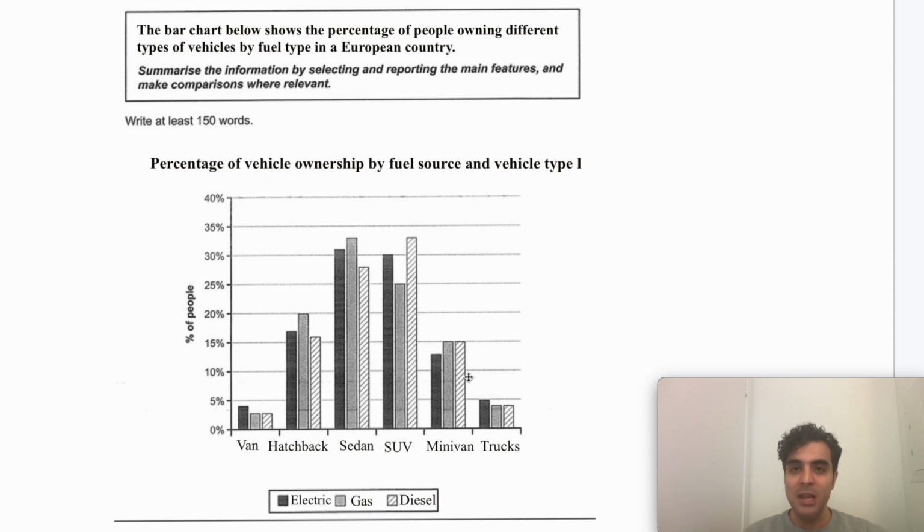Except for, so you see, I'm establishing the rule and then I'm saying except for SUVs and minivans, where the percentage of diesel fuel cars was greater than electric cars. Do you see what I just did there? I tried to come up with a rule and immediately presented the exception coming after.